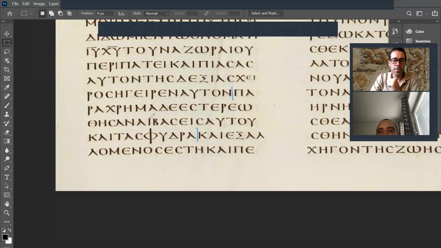Became strong. So this is third person plural with the secondary ending -san, I believe aorist indicative. So it became strong. The feet, of him, his feet, and his ankles.